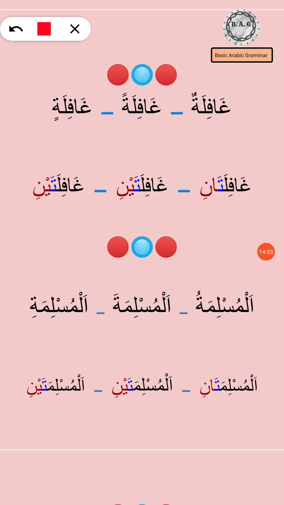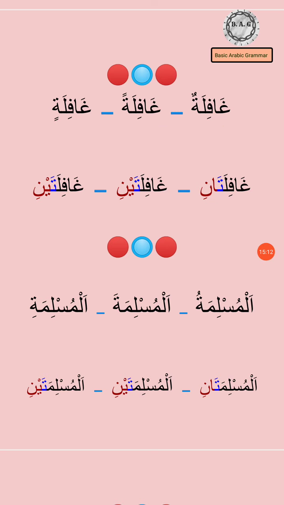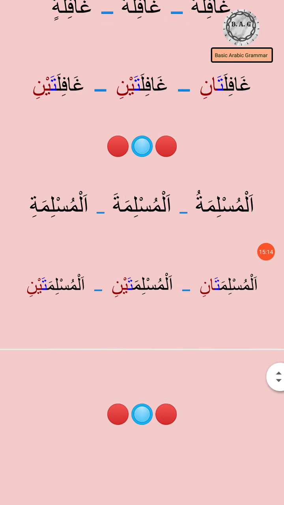Ghafilatun is your singular. Okay, so ghafilatun, ghafilatan, ghafilatin, all singular. Rafa, nasab, jar. In musanna, they're going to become ghafilatani, ghafilataini, ghafilataini. All right, I hope that you can now move ahead of me, inshallah.